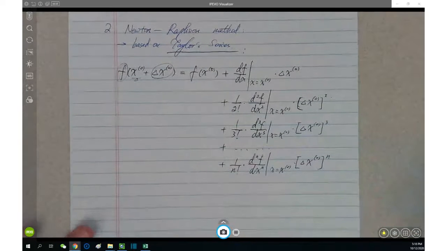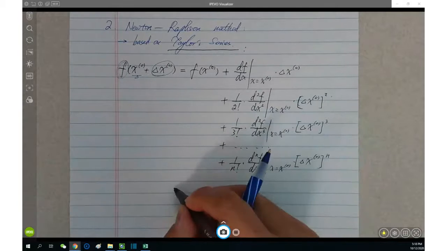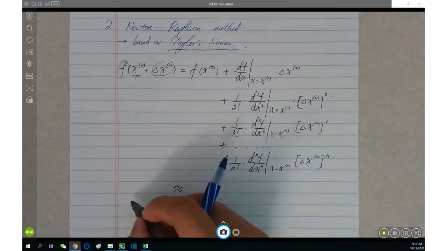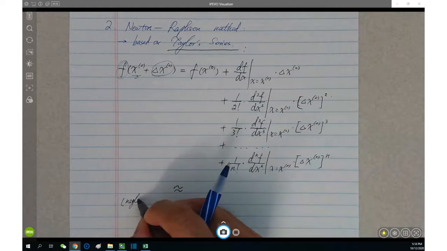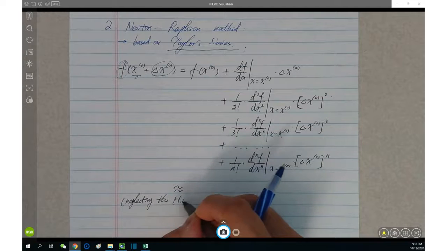So what we really care about is the most significant part of the equation, to simplify this result a lot. What we are going to do is called neglecting the higher order terms.